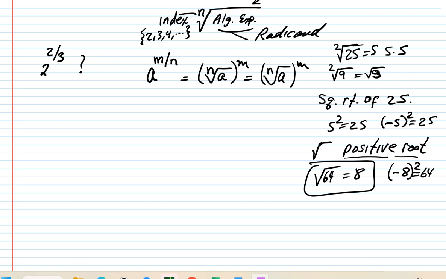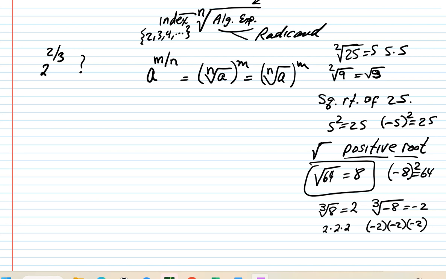Now the higher roots work the same way. So, for example, cube root of 8 means a number times itself, this time 3 times, gives you the radicand. 2 is the answer. In the case of cube roots, and in general odd roots, the radicand may be negative, because it is possible to multiply a negative number an odd number of times and the answer will be negative.